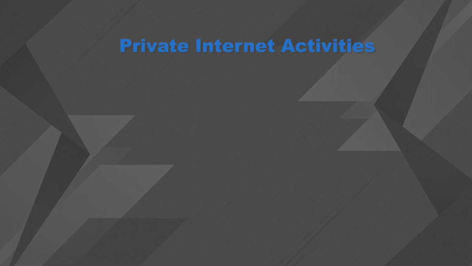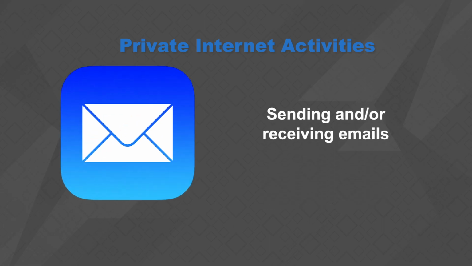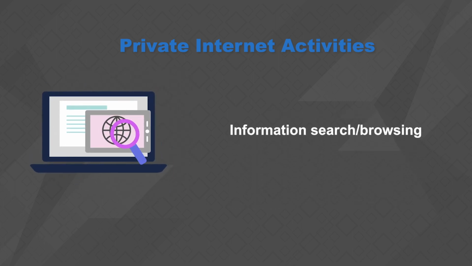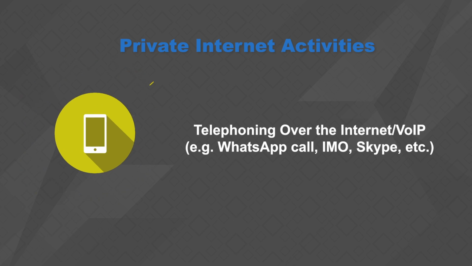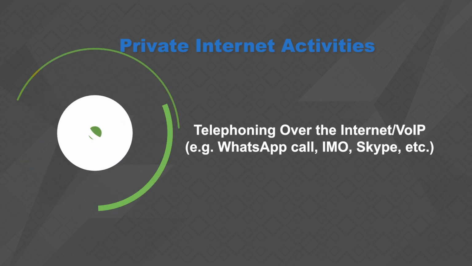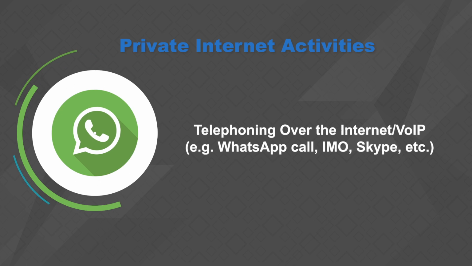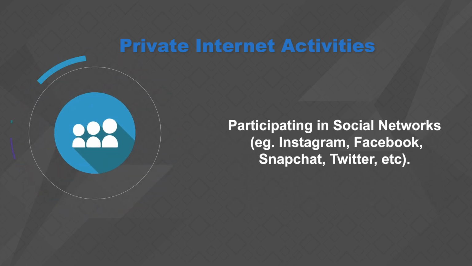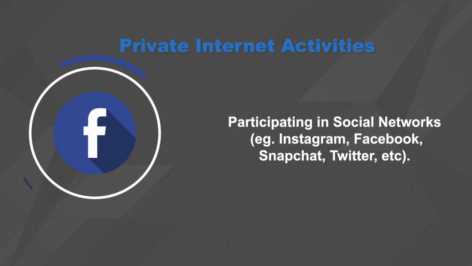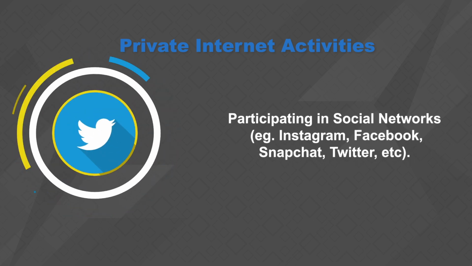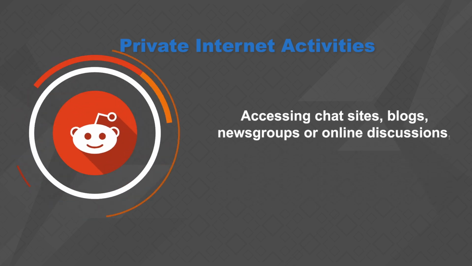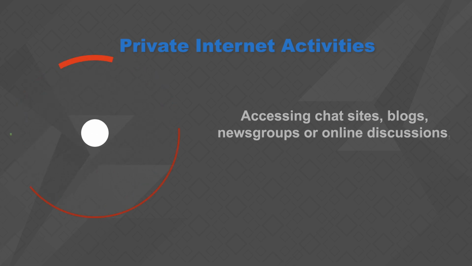Here are some examples of what can be considered as private purposes. Sending and or receiving emails, information search and browsing, telephoning over the internet, VoIP, examples, WhatsApp calls, IMO, Skype, etc. Participating in social networks, example, Instagram, Facebook, Snapchat, Twitter, etc. Accessing chat sites, blogs, news groups, or online discussions.